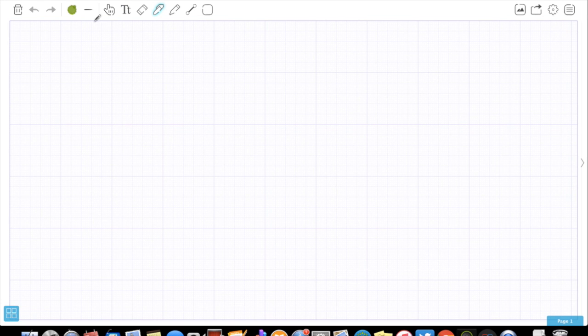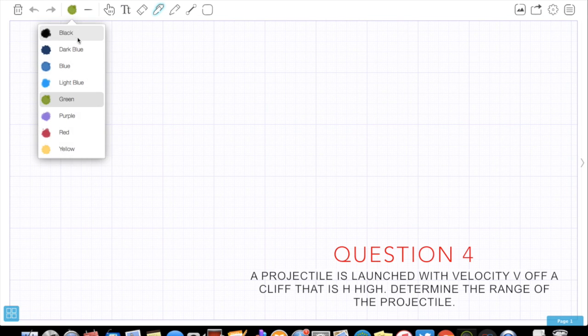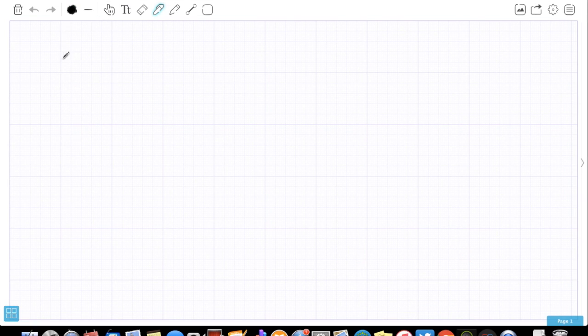Okay, for any projectile that's launched from any height, and the projectile is launched horizontally, you can treat the questions all very similarly.